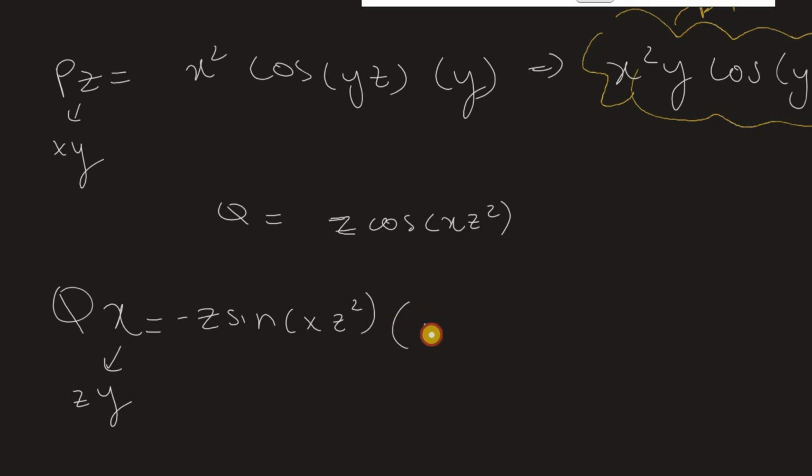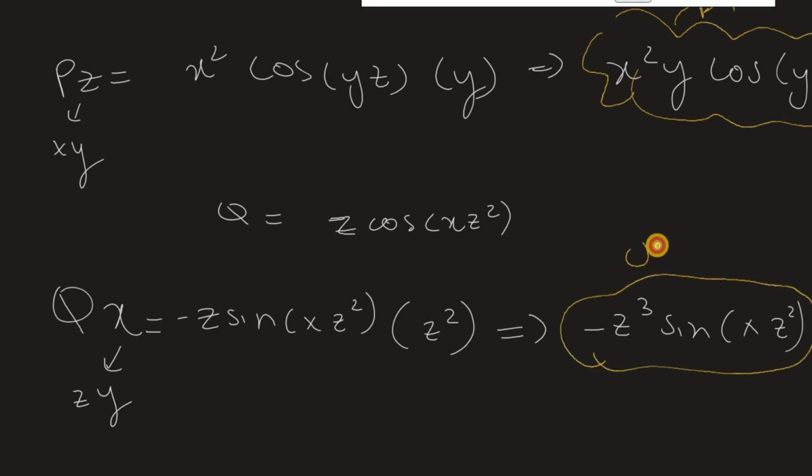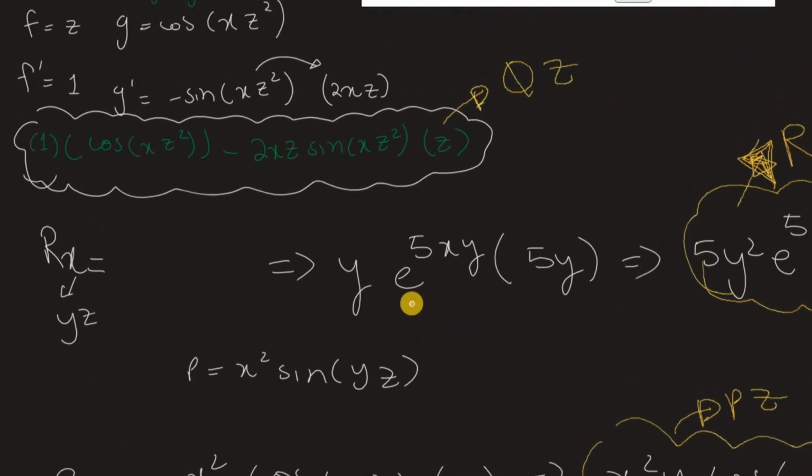So z squared is going to stay over there since it's a constant, and the derivative of x is 1. So this is going to be negative z cubed sine of x z squared. And this is the value for qx.